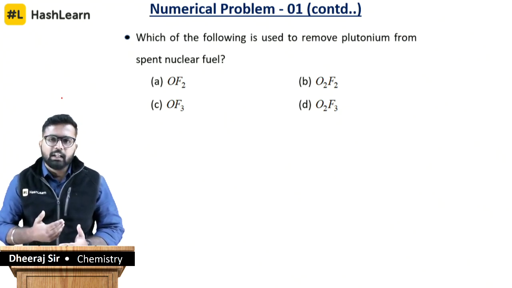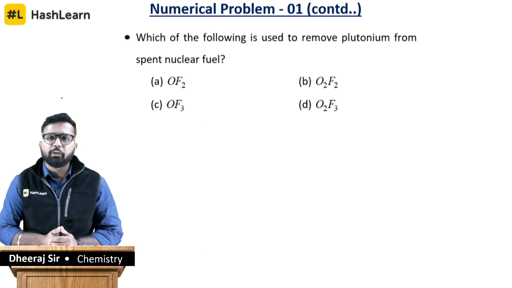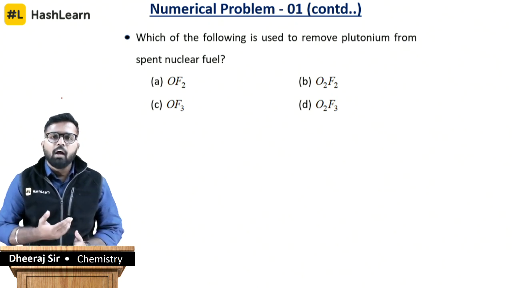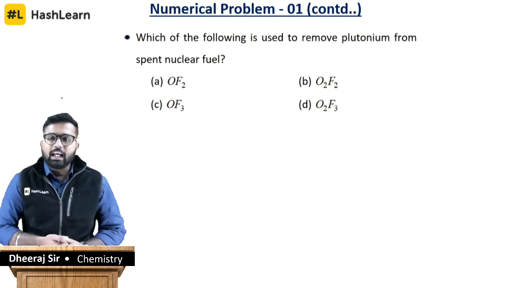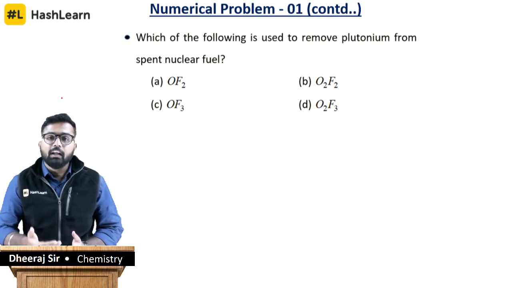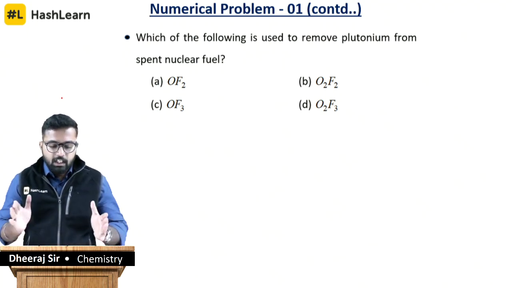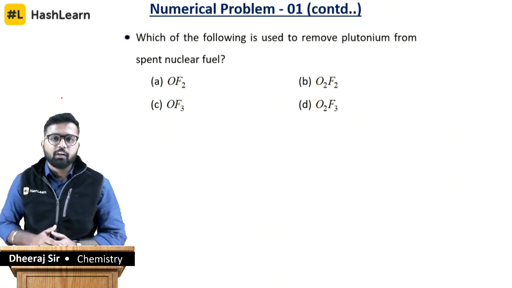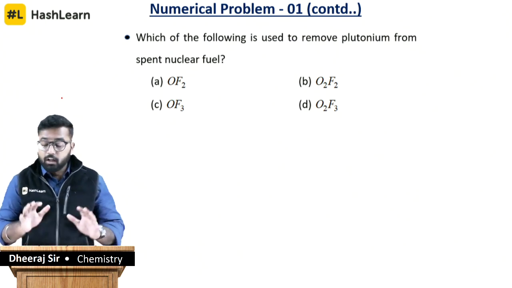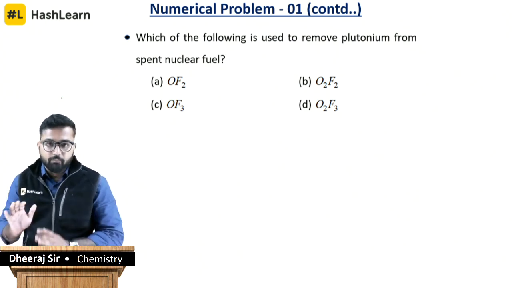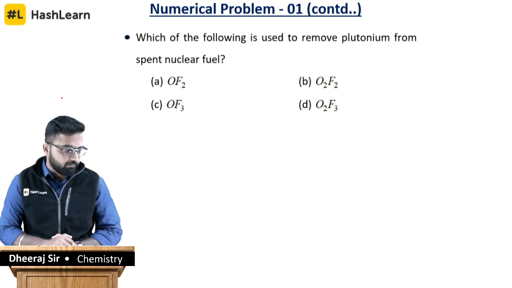These radiations are harmful, so we do not want to take a chance. We want to remove or extract as much salvageable material as we can, so that the spent nuclear fuel that we are discarding will be free of radioactive material.